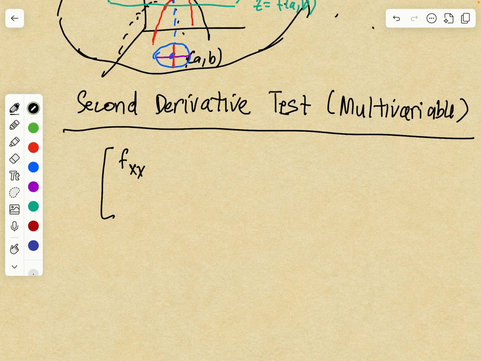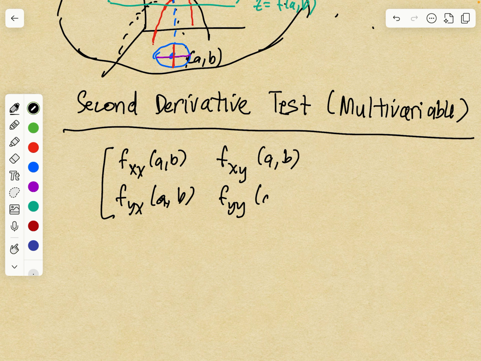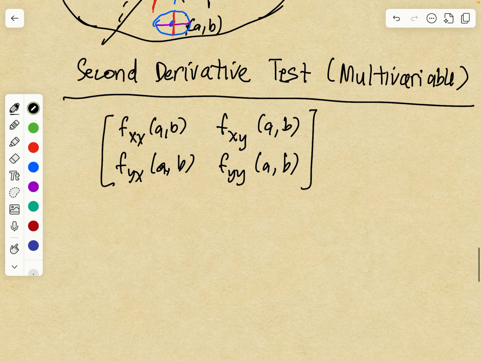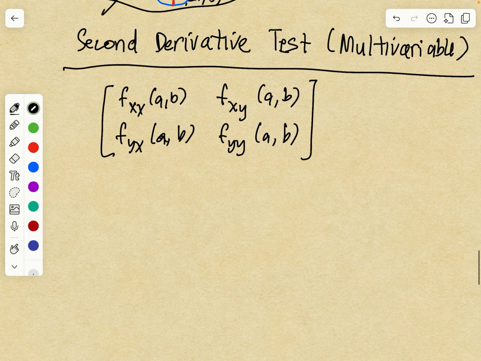matrix of second partial derivatives like this. So you have this matrix of the second partial derivatives, and oh, they don't give a name for this matrix. Okay, so you look at this matrix, and then you take the determinant of this. So, okay, this is called the Hessian matrix.